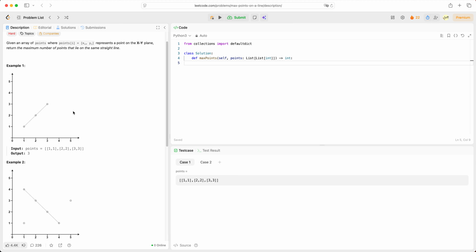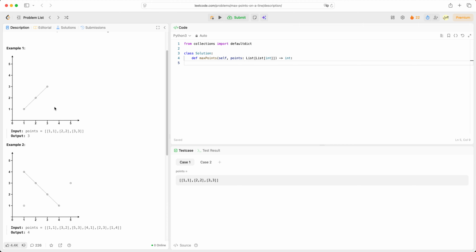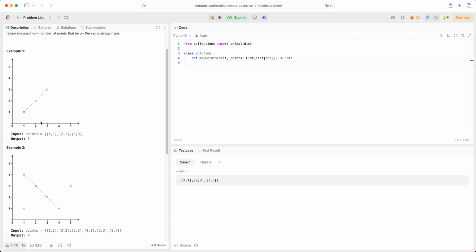So the challenge is to determine which points lie on the same straight line. A naive approach would be to pick 2 points, draw a line between them, and then check for all the other points whether they also lie on the same line as those 2 points. But that would be O of n cubed complexity.